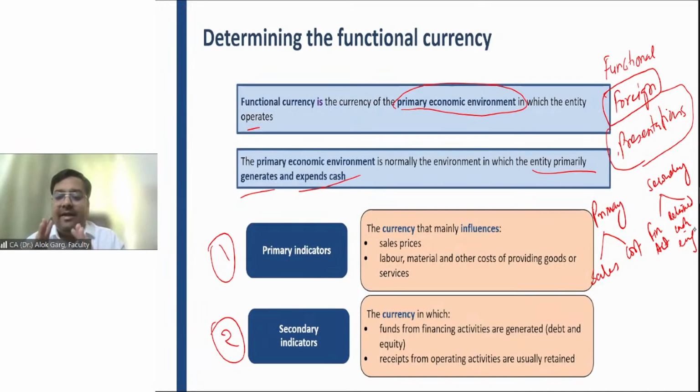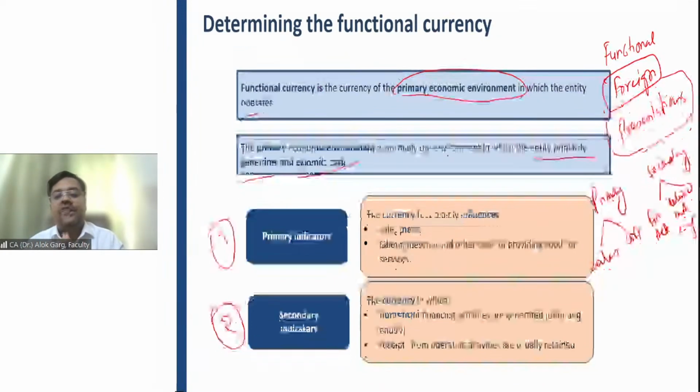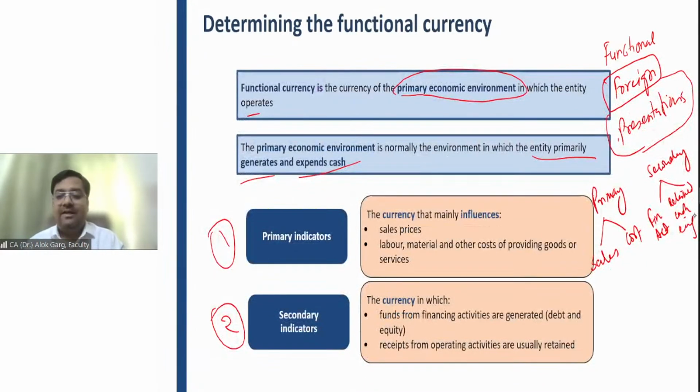What we are understanding now is only what is meant by functional currency. Functional currency is the currency of the primary economic environment in which the entity operates. What is a primary economic environment? It is generally the environment in which the entity primarily generates and expends cash. How do we identify my functional currency?